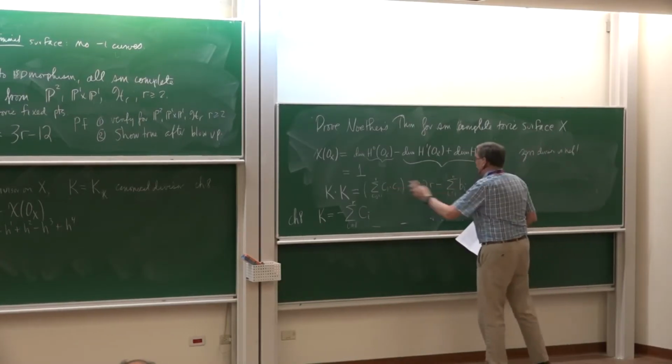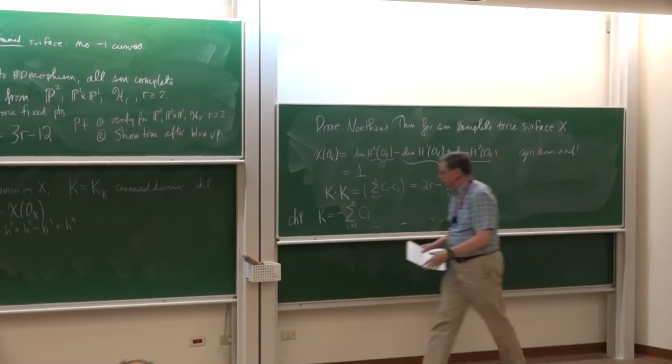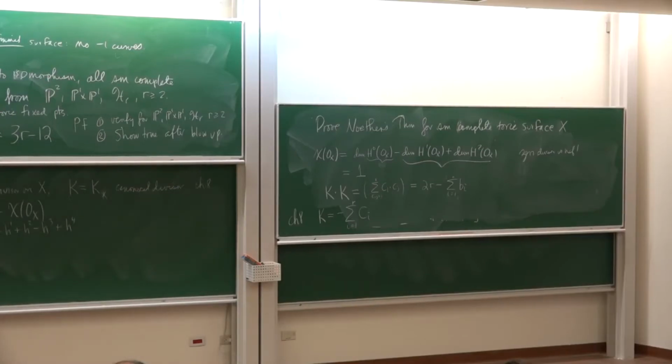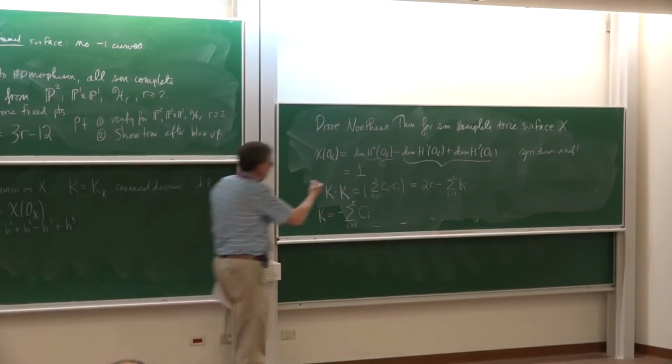So when i equals j, it's that, and when i is not equal to j, roughly speaking, every curve meets 2 others, so every curve is going to contribute 2. I've got r curves, so I get 2r. And so that's basically what this is.